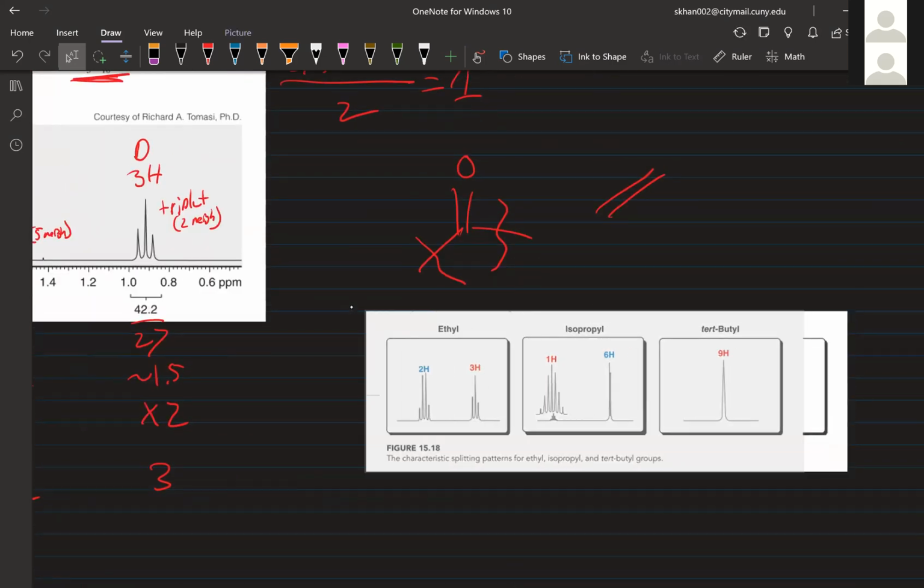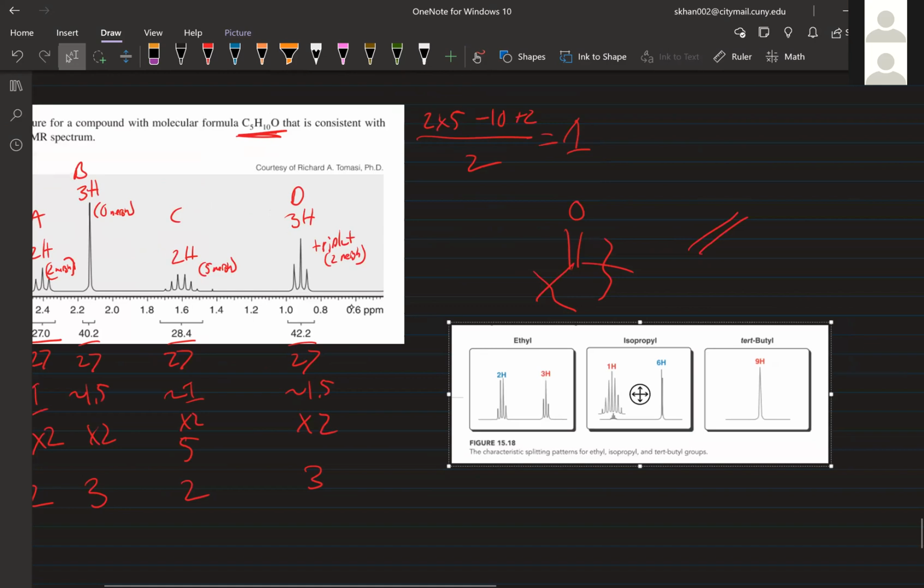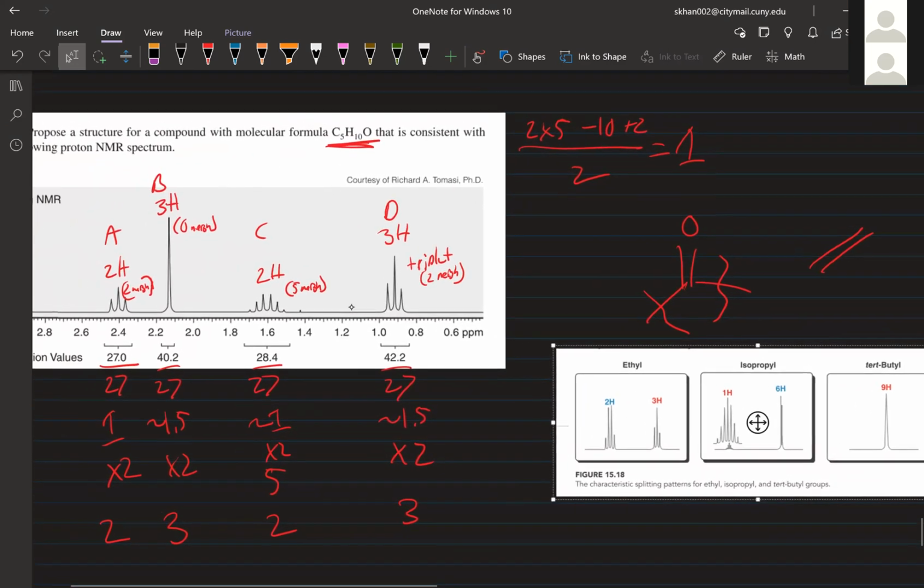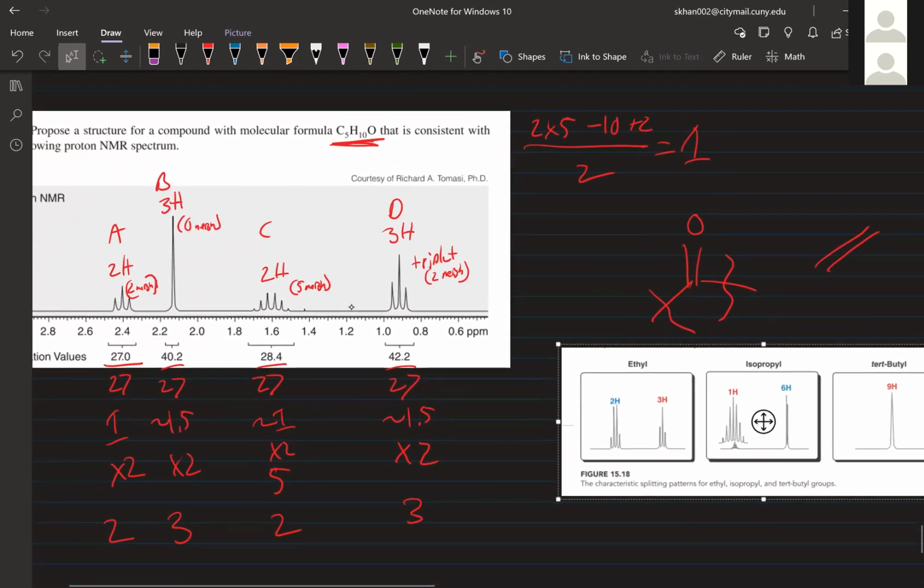Is there any pattern we see here? Kind of the ethyl one, but it's a slight difference. So we have a 2H, 3H, and the triplet.